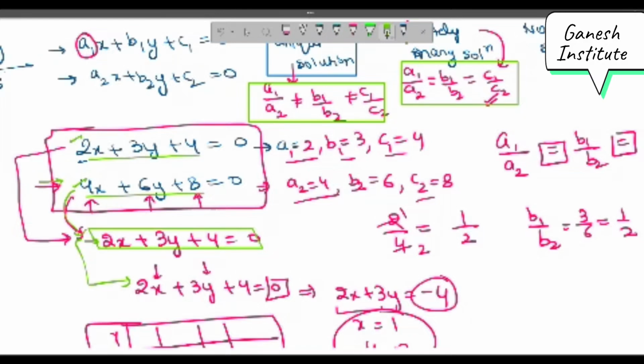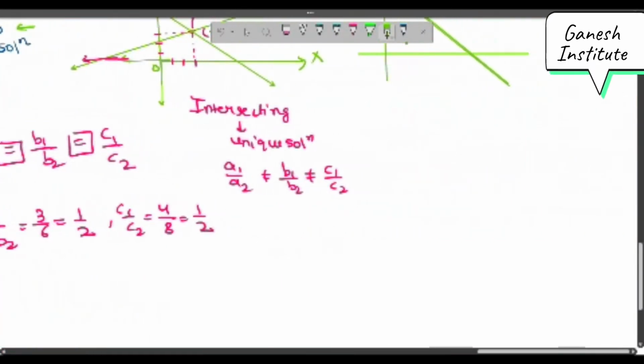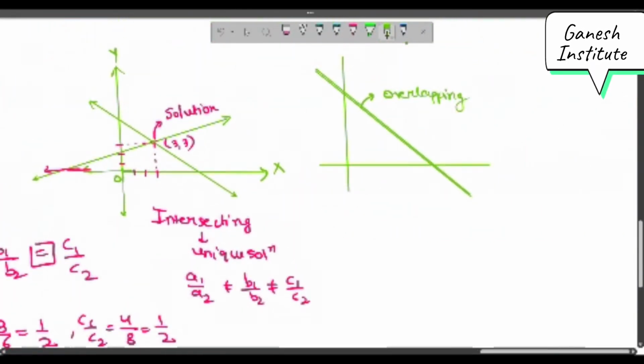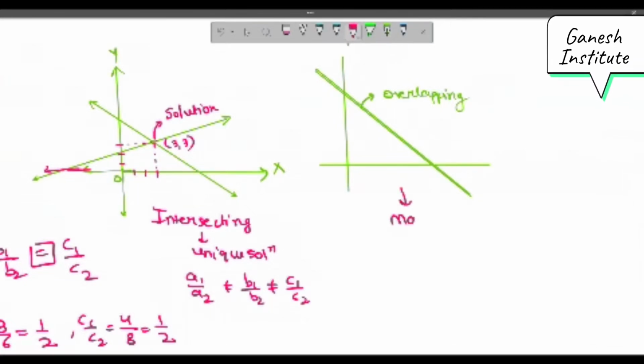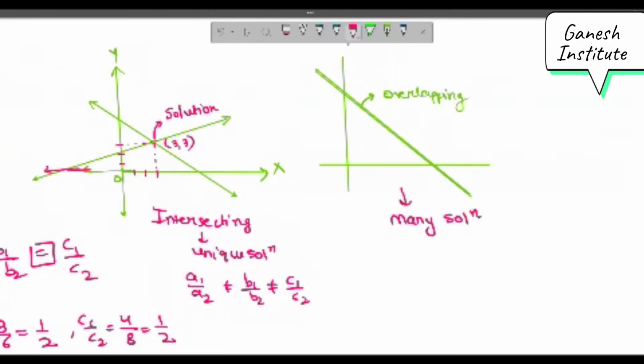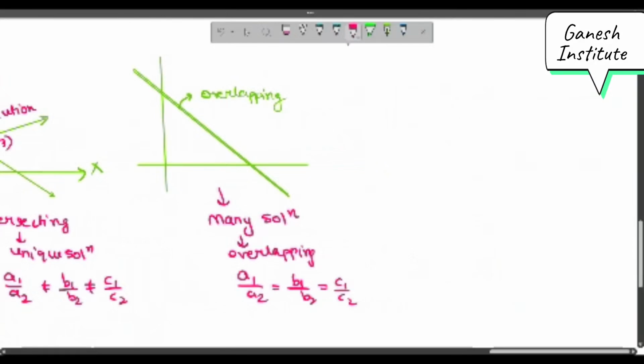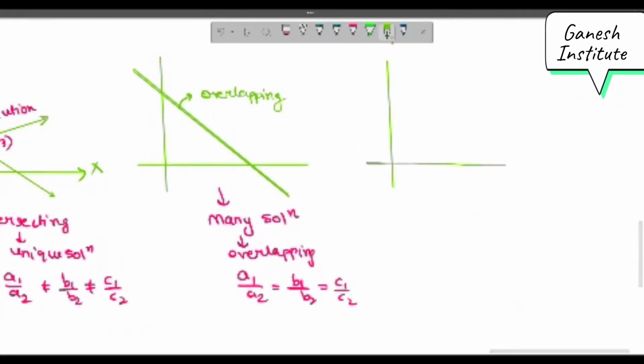Yeah. So hence I'll say that if I have a set of overlapping lines, that will be the case of infinitely many solutions, because these are overlapping lines. And that is the case when the ratios are equal. But when there's a case of no solution, that means my lines are not going to intersect at all.